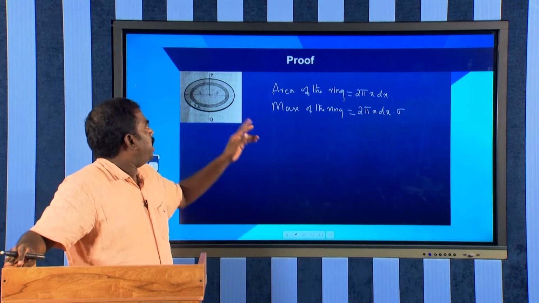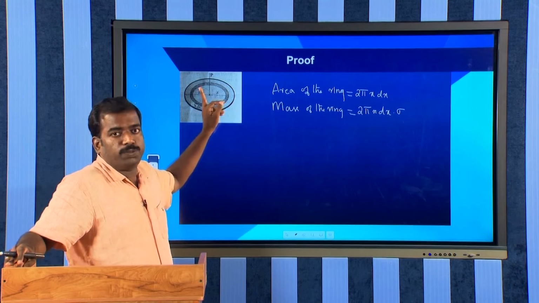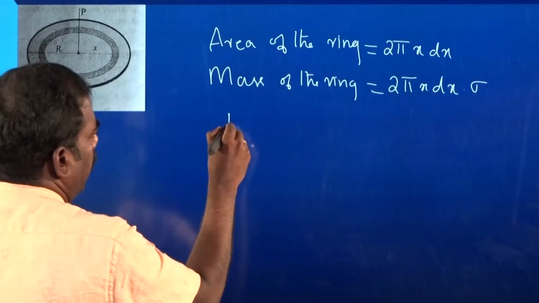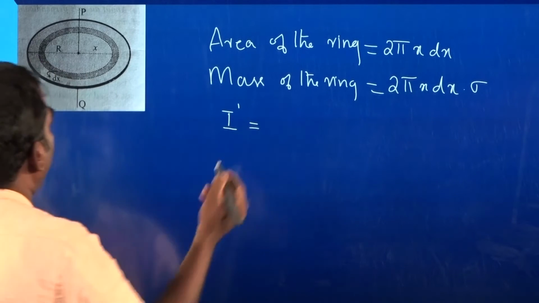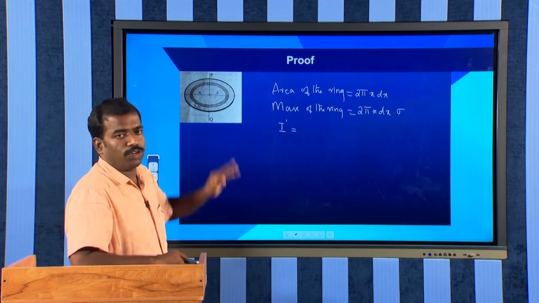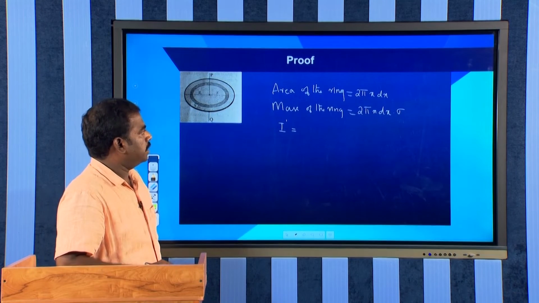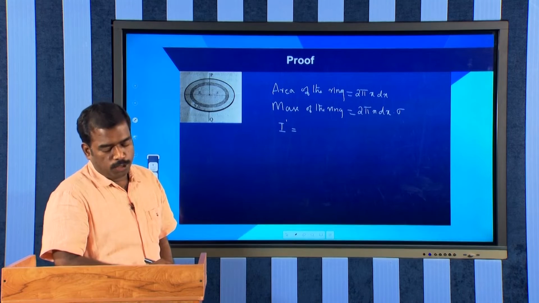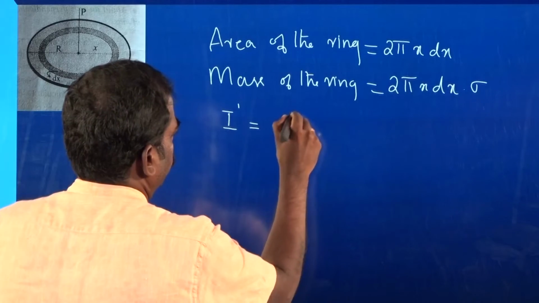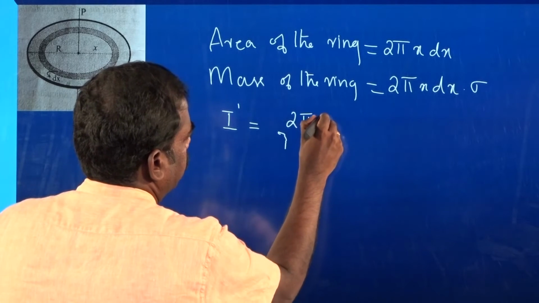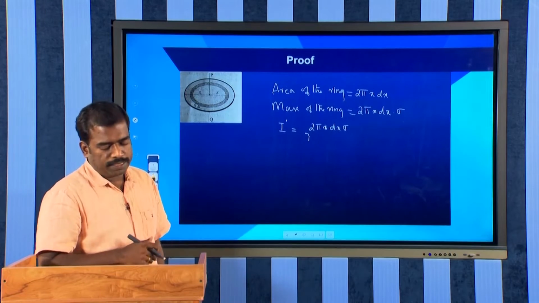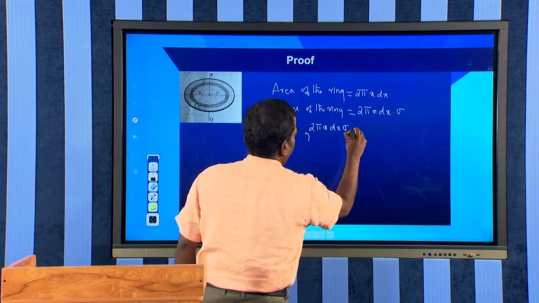Next, you can easily find out the moment of inertia of this particular ring, which is at a distance of x from the axis of rotation, given by I dash. The moment of inertia of the ring about an axis PQ, at a distance of x from the axis of rotation, is given by mass into distance square. The mass is 2 pi x dx sigma, into x square.